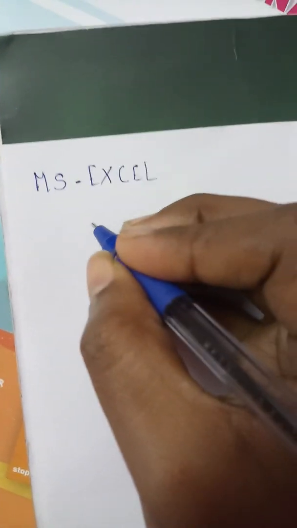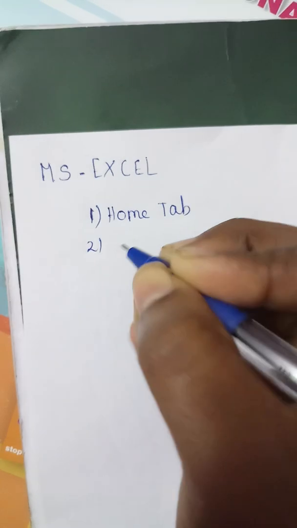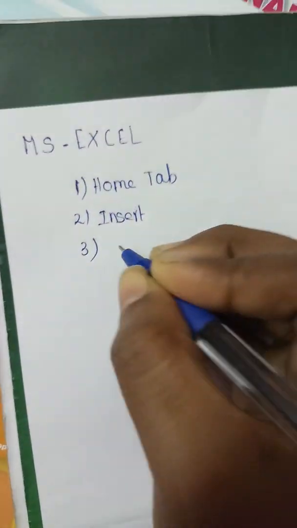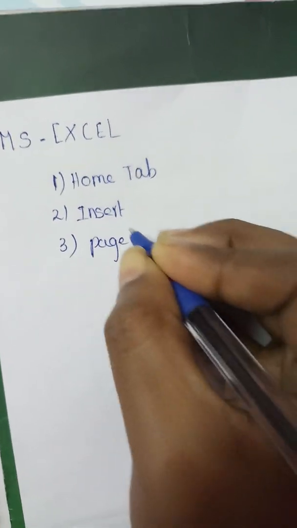First, what are the tabs in Microsoft Excel? First one is the Home tab. Second one is the Insert tab. Third one is Page Layout.